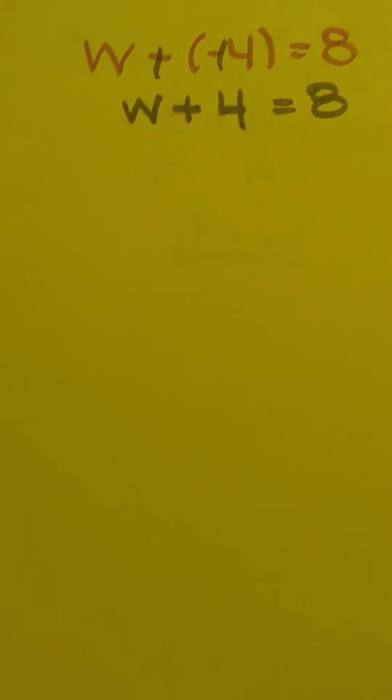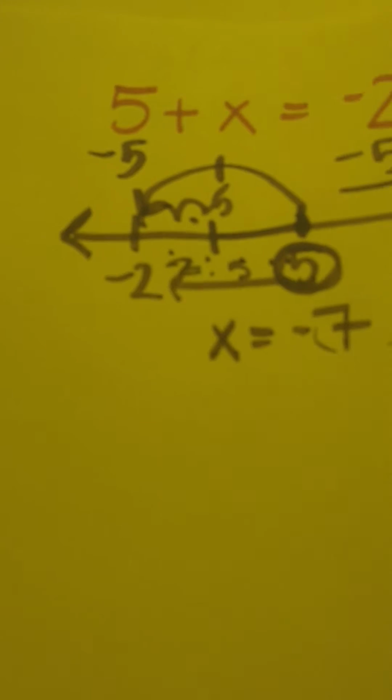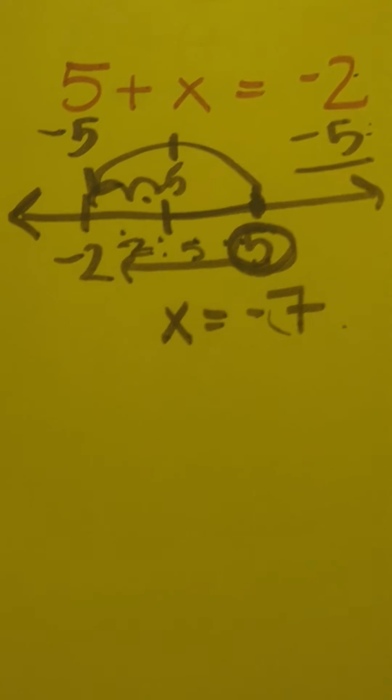Okay? I'm going to go back to the patterns that I saw. When I was looking at addition, how did I undo that? How did I work backwards?